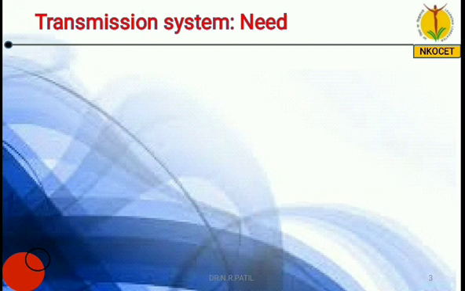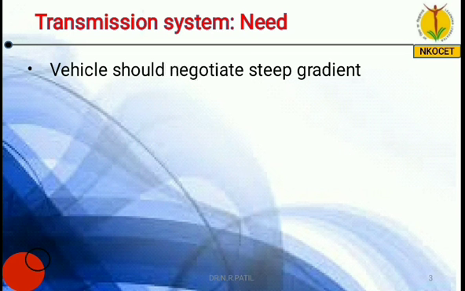So let's start. Transmission system. When you think of transmission system, what is the need? There are few conditions a vehicle needs to overcome or function, and to fulfill these different road conditions we have to have a transmission system. But what is transmission system? The engine power needs to be transmitted to the rear wheel.